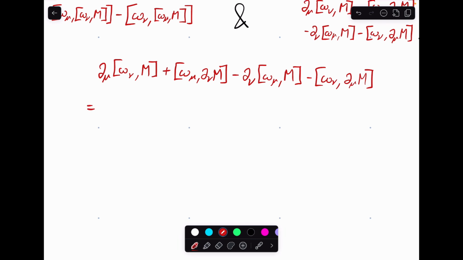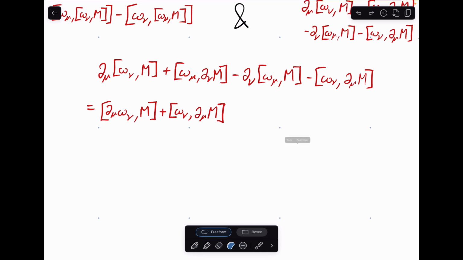So expanding this out, the first term is d mu omega nu m, because recall that these are scalar. So plus omega nu partial mu m. You can already see here's the term that will cancel with this. So we're going to copy and paste it right here so that it's obvious that they're canceling.